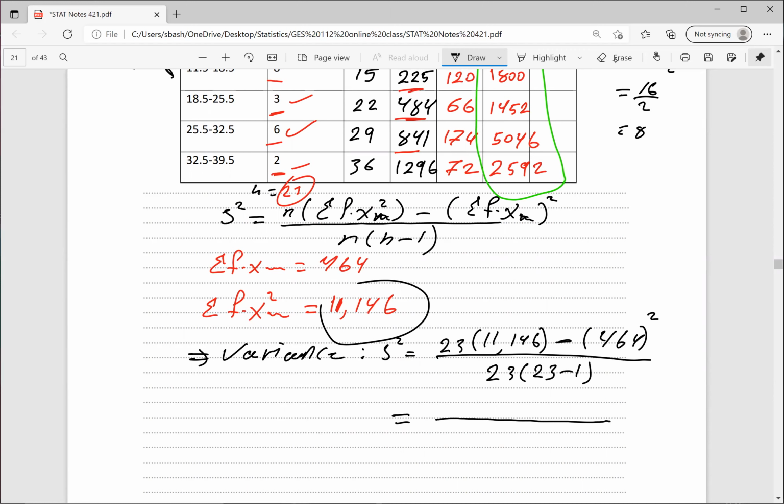That is 23 multiplied by 11,146, which gives me 256,358, minus 464 squared, which is 215,296, divided by 23 times 22.